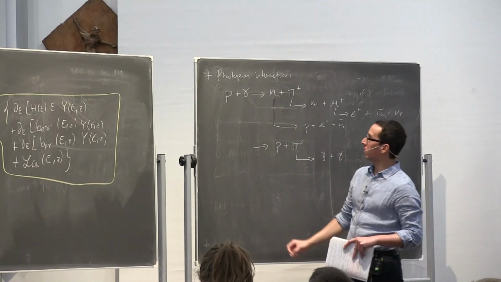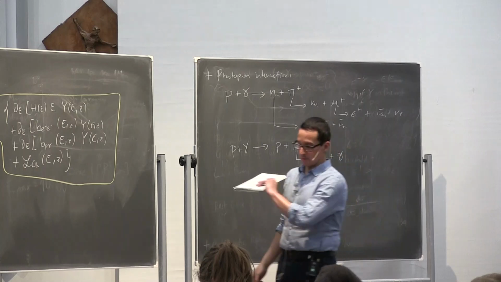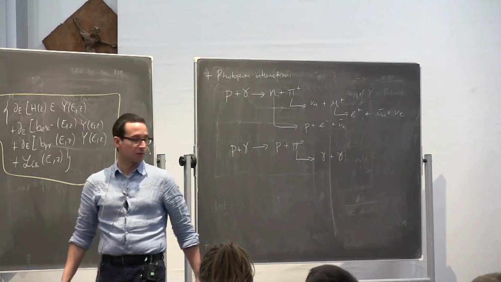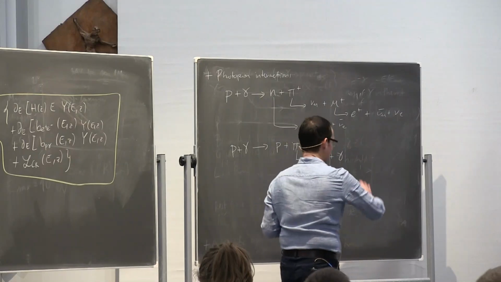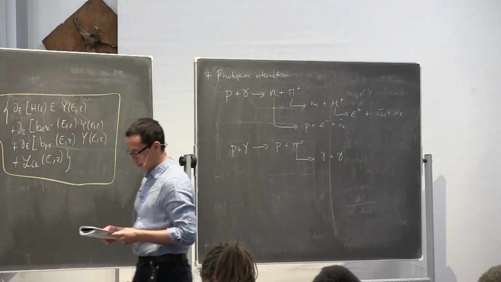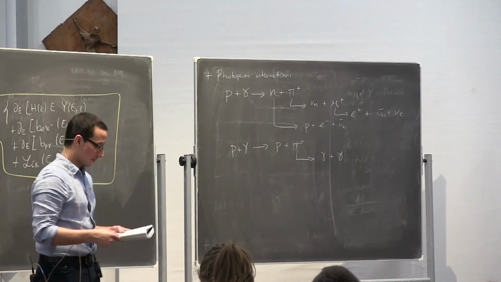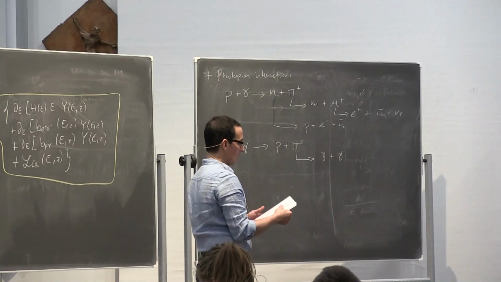So now you are at least partially disappearing some of the protons you had initially, especially when you're producing neutrinos. We'll come to neutrinos in the next lecture, but what I want to do now is calculate what the energy loss rate for the protons is via these processes.